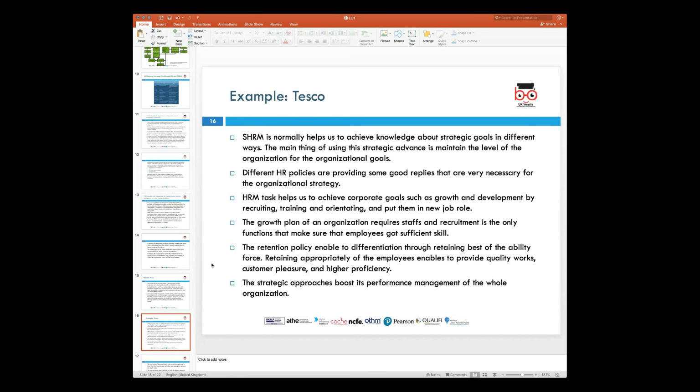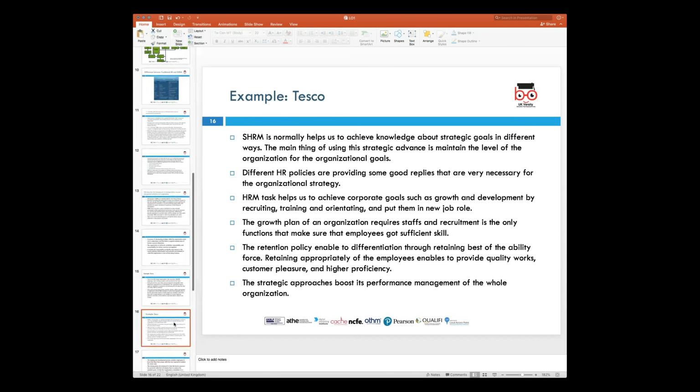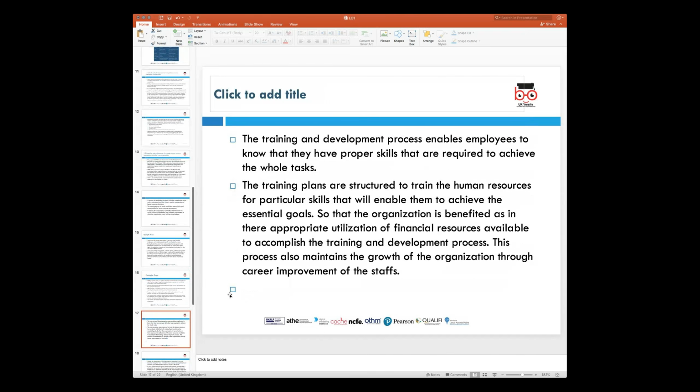That means they want to be able to retain the best talent within the organization. And in order to retain that talent, they are looking at providing incentives, providing a better working environment, balance between work and personal life, in terms of ensuring that they are not being overworked, or they are able to get flexible working hours so that they are able to boost their productivity and efficiency while they work within a particular function within the organization.